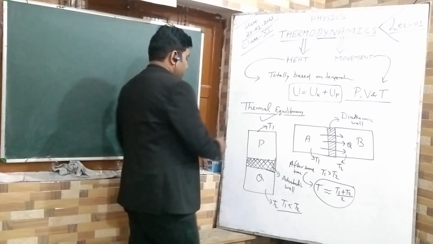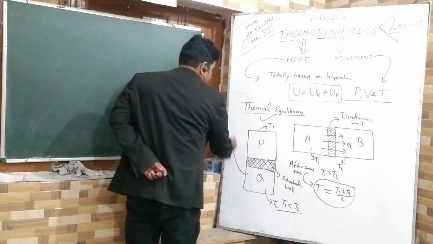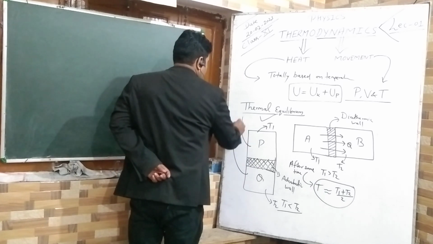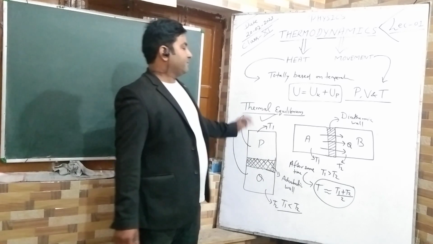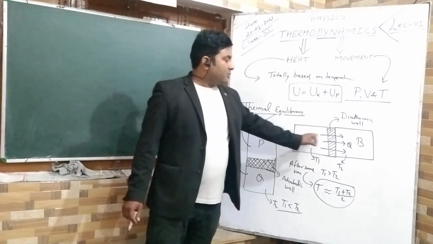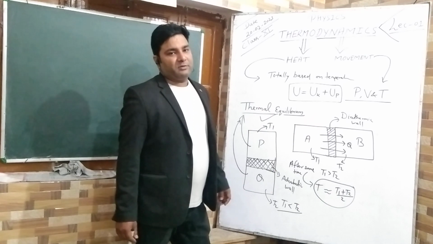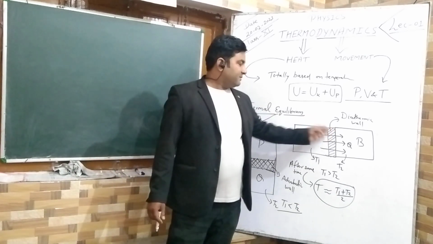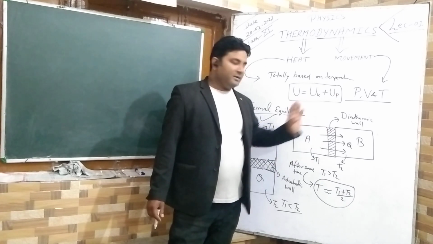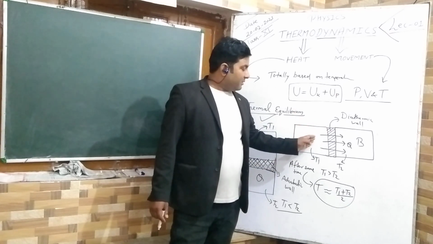So this combination of two bodies is not in thermal equilibrium, but in the other case the two bodies A and B are in thermal equilibrium. How do they achieve thermal equilibrium? Because there is a possibility of transferring heat from body A to body B. Why from A to B?